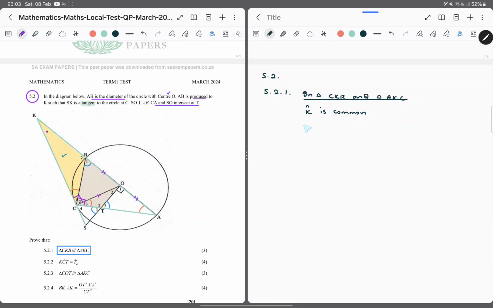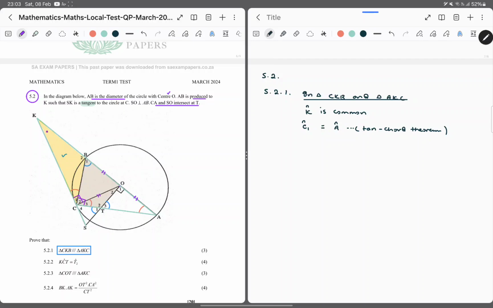Number two, we know that angle C1 is equal to angle A. This is the tan chord theorem. Now guys, two sets proved equal.